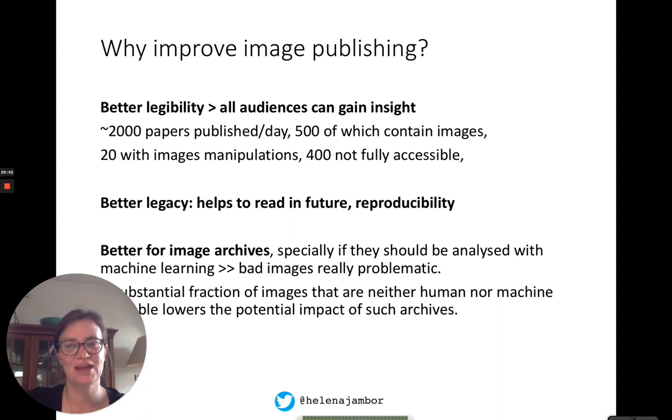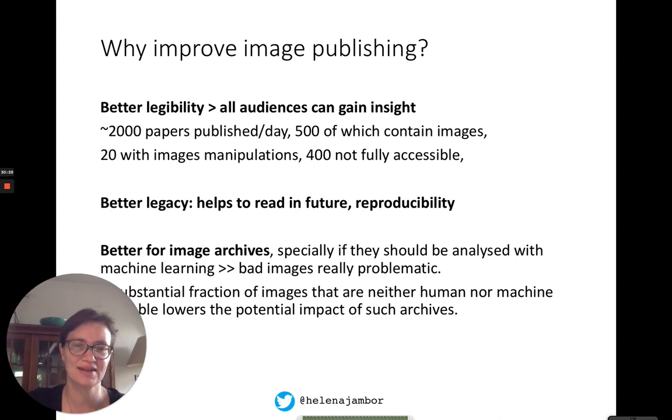Around 2,000 papers are published per day, 500 of which contain images, 20 of which have probably image manipulations based on the data by Elizabeth Dick, and 400 of which are not fully accessible or not fully leverageable based on our data. So we believe that improving the legibility of images doesn't only make it more accessible to your readers today, but in fact they will become a better legacy of the scientific community.